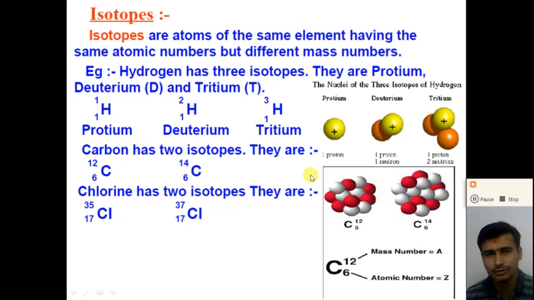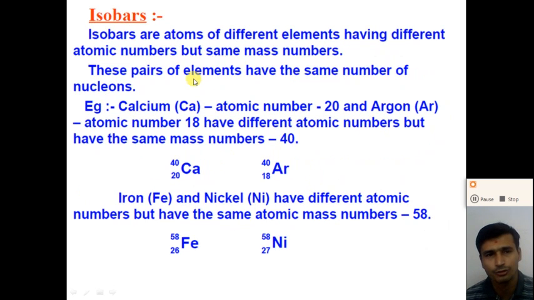So now, dear student, we understand about the isobars. Isobars are the atoms of different elements having different atomic numbers but the same mass number. So isobars are atoms of different elements, not the same element.